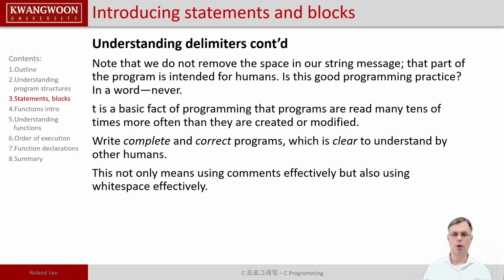Therefore, while we pay attention to the rules of the compiler and strive to write complete and correct programs, we also strive to write clear programs for other humans to understand. This not only means using commands effectively, but also using white space effectively.